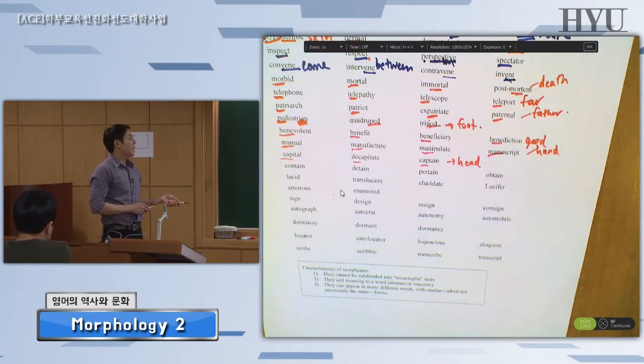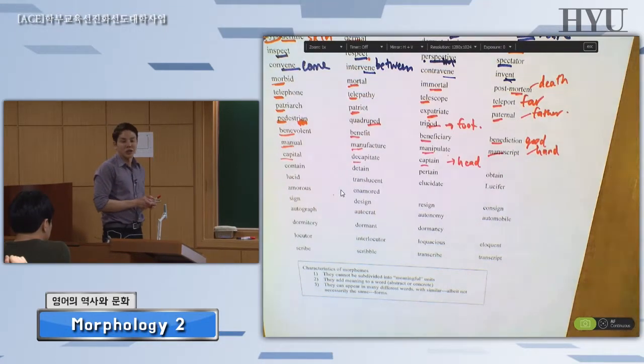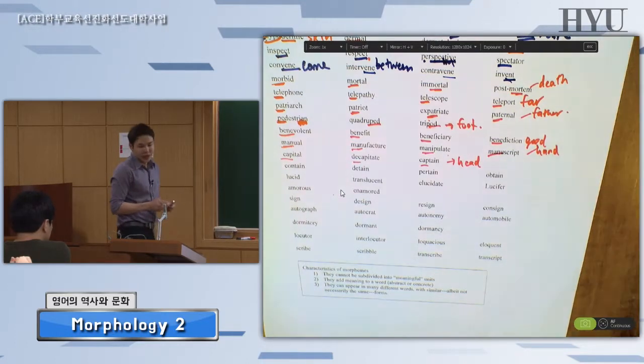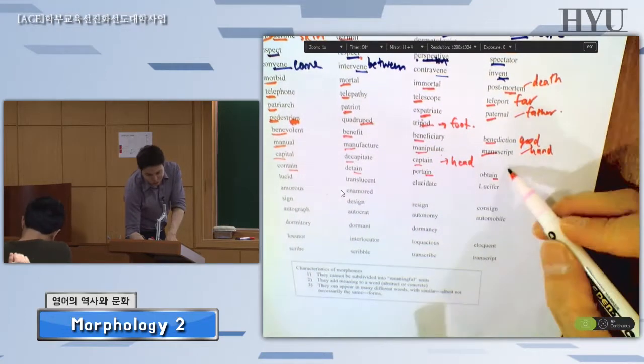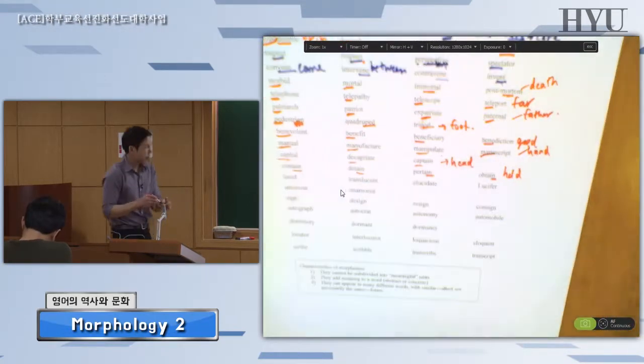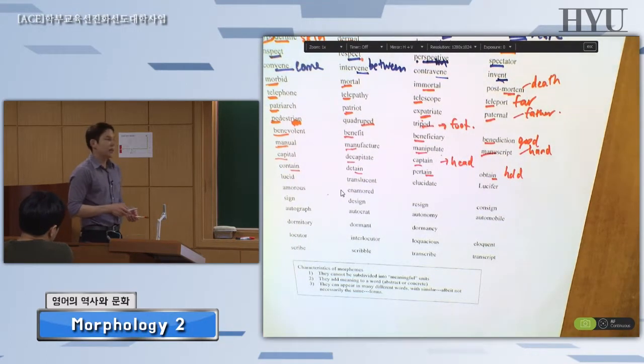And decapitate is to cut out the head. Capital is the most important city, the major city. Okay. Contain, detain, pertain, obtain. Next line, you see the word tain. Tain is to hold. So contain, to hold together, like that. Okay.